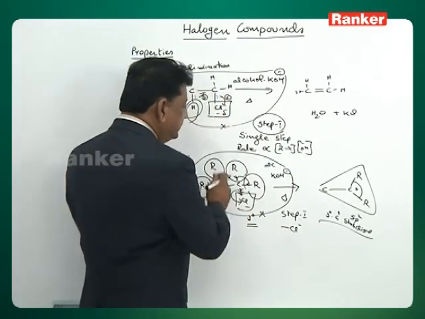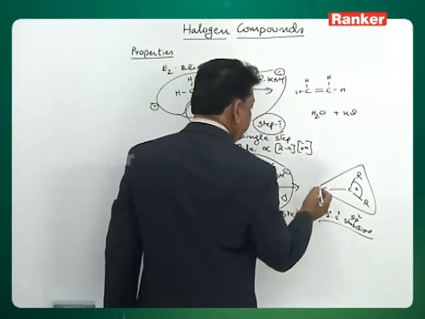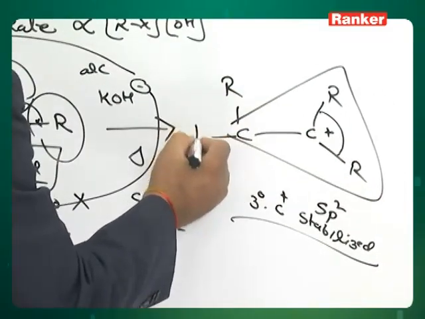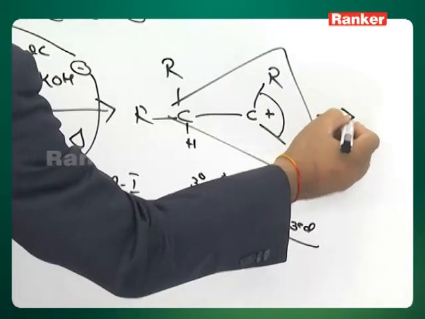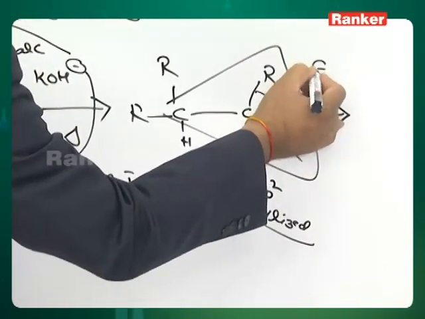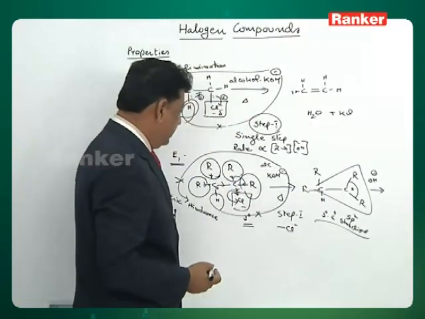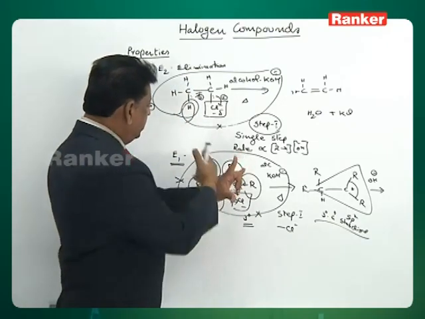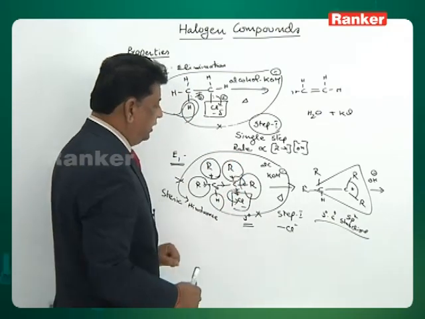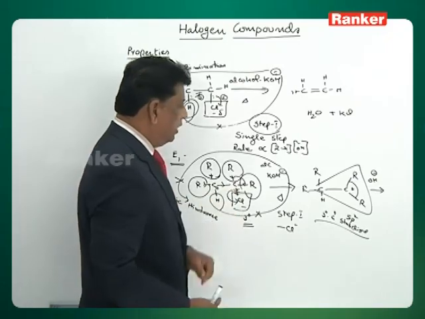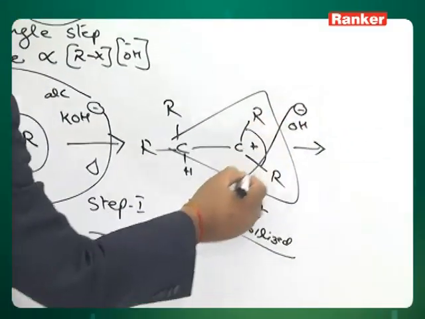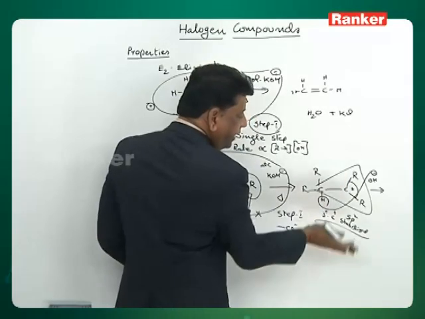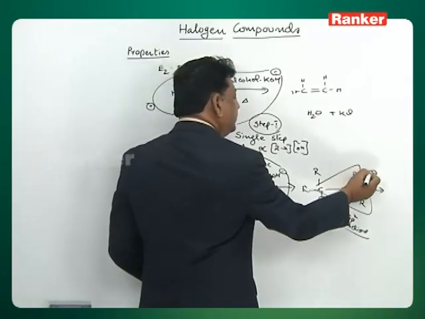So, finally, first Cl will go, a carbocation is formed, the alkyl groups and the hydrogen will be there. Now, the OH minus attacking has got some other favorable factors also. What is that? 3-dimensionally, both sides the alkyl groups are hindering here. The moment Cl goes out, it will become trigonal planar. So, the OH will approach this proton from this side of the plane or from the back side of the plane.